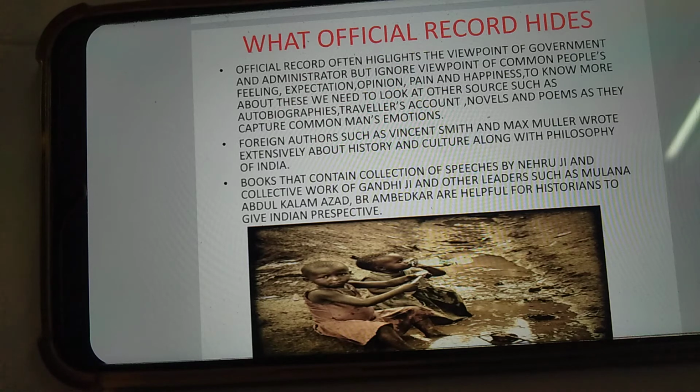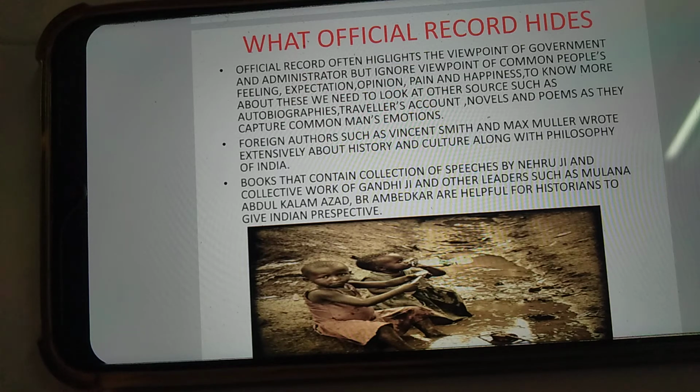Foreign authors such as Wilfred Smith and Macmillan wrote extensively about the history and culture along with philosophy of India.